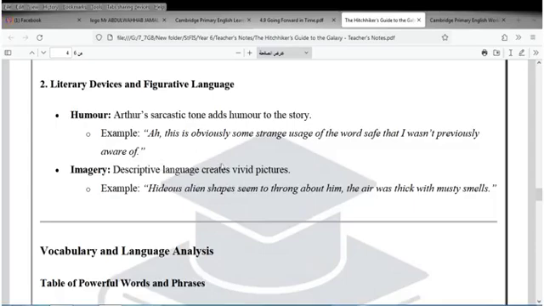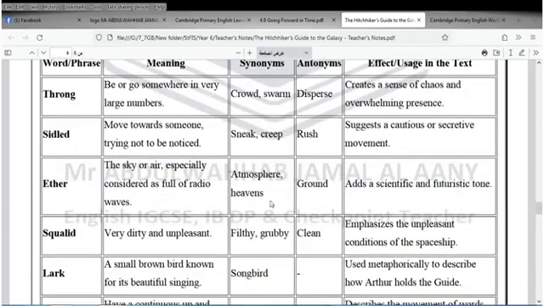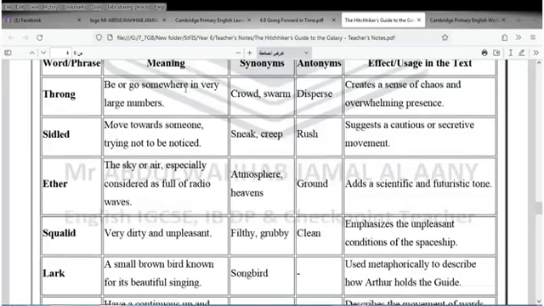Imagery, we have descriptive language to create vivid pictures like hideous alien shapes seemed to throng about him. The air was thick with musty smells. We used what we can see and what we can smell. Some words, remember, they are sophisticated and a little bit advanced.